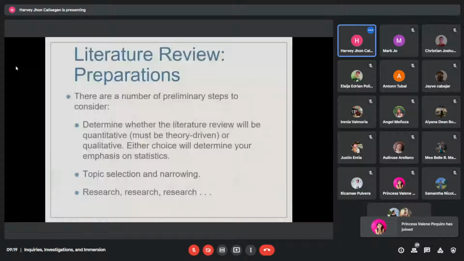And topic selection and narrowing. This is the point of research. You'll be selecting the main topics of the literature or the article, and then you will narrow the idea of the author. The author might have broad, vast ideas, or different angles of research.